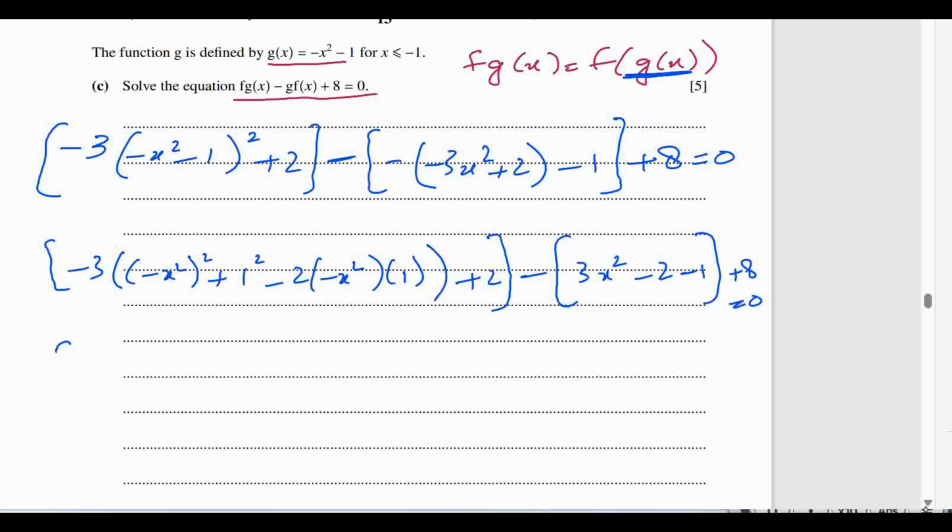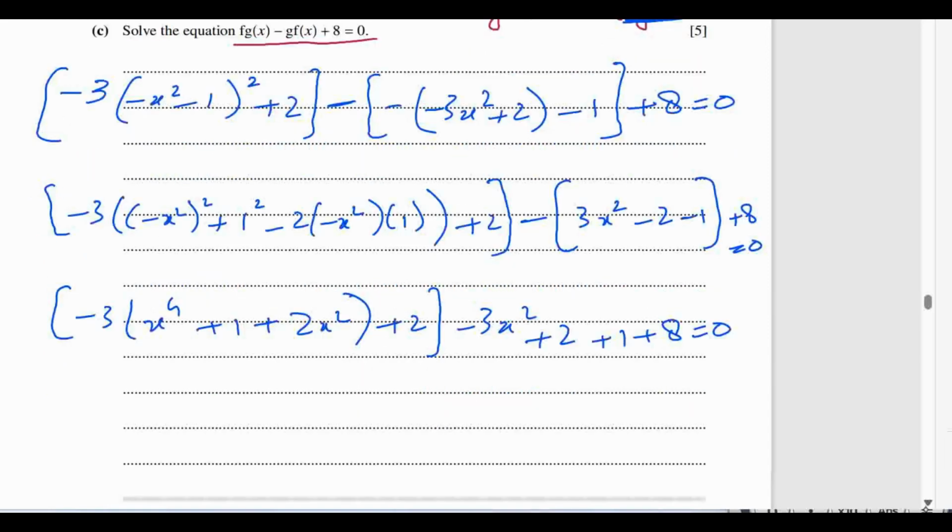So now this will be -3 x^4 plus 1 plus 2x square plus 2. Minus, okay, we can remove this bracket now. This will be -3x square plus 2 plus 1 plus 8 is equal to 0.